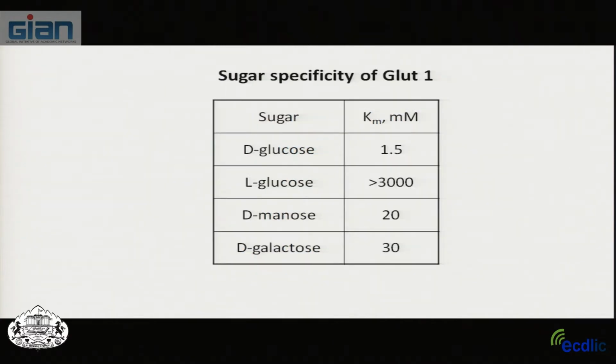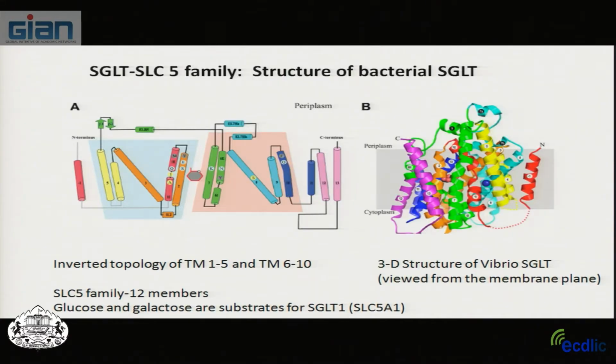But when you come to the sodium glucose transporter, one interesting observation is that in this family transmembrane helices like 2, 3, 4, 5, 6, shown in the cyan box and the pink box, have exactly inverted topology.